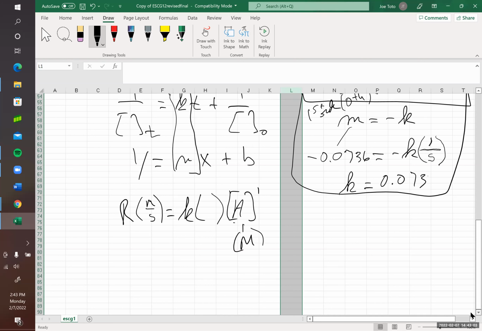And I know that units of K change so that I always get rate in molarities per second. I already have a molarity, so all I need is a per second over here. Any questions on C in your report?